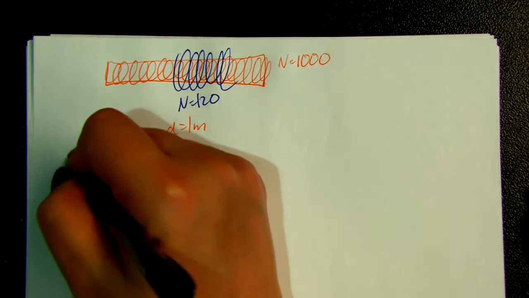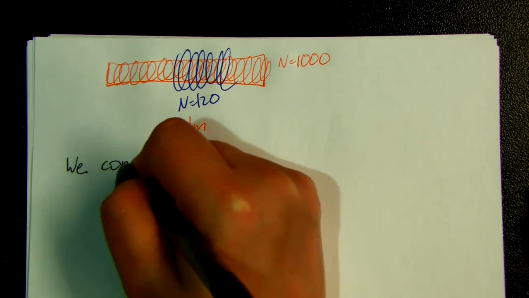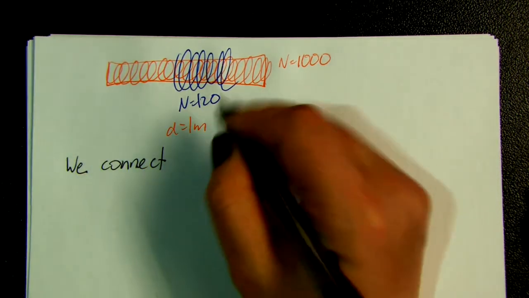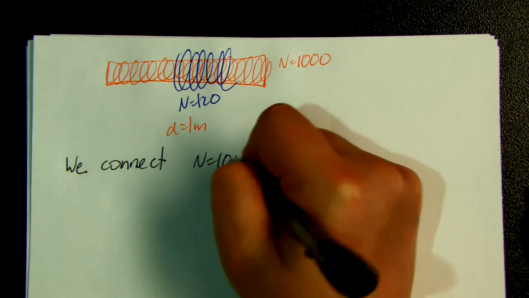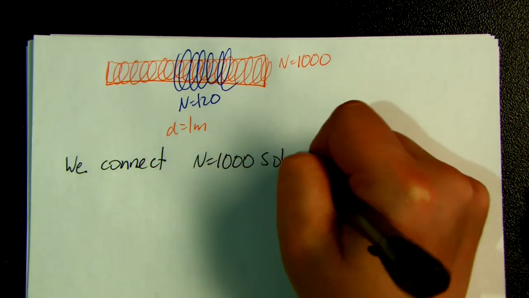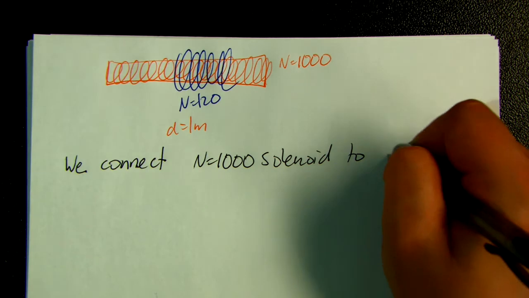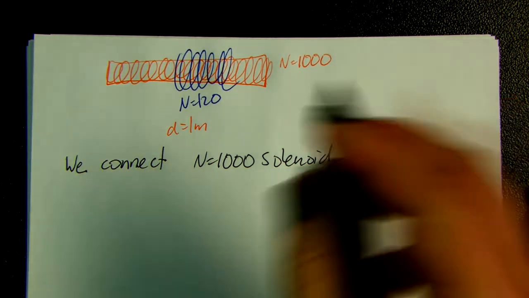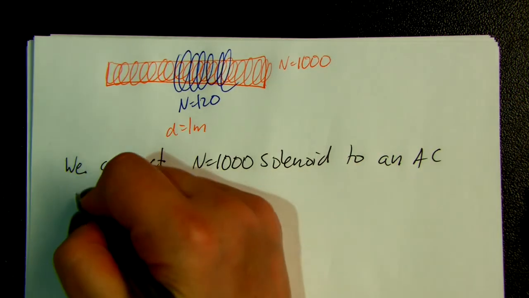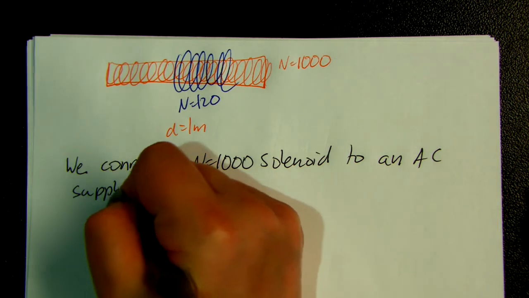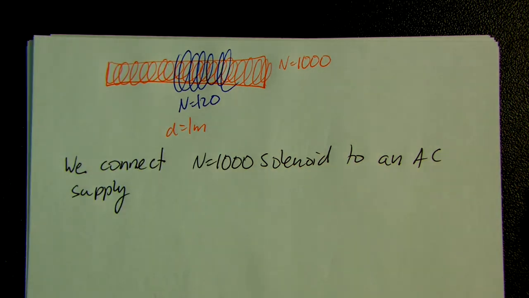All right, so we connect the N equals 1,000 solenoid to an AC supply. And what an AC supply is simply alternating current. So the current in your house is alternating current. When we build our circuits, we are building direct current supplies.